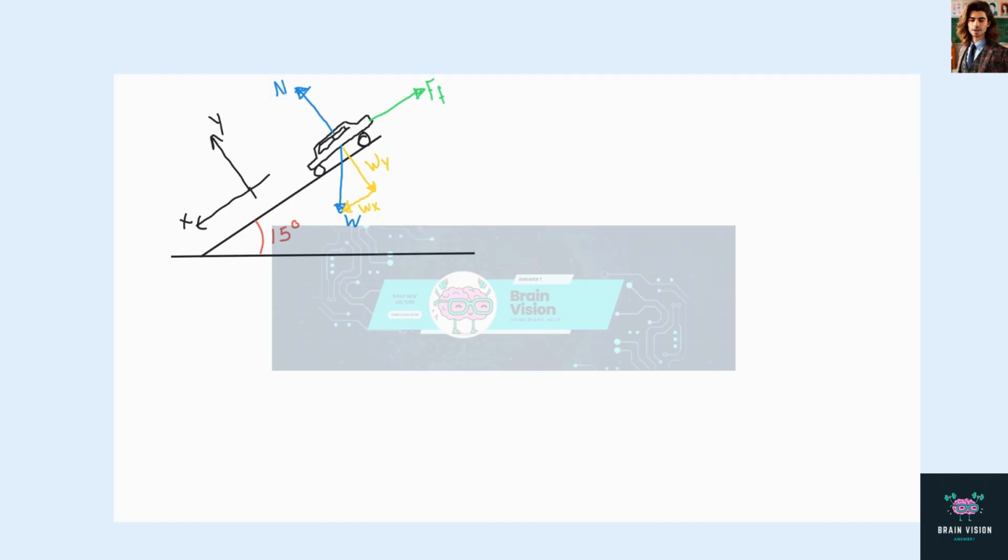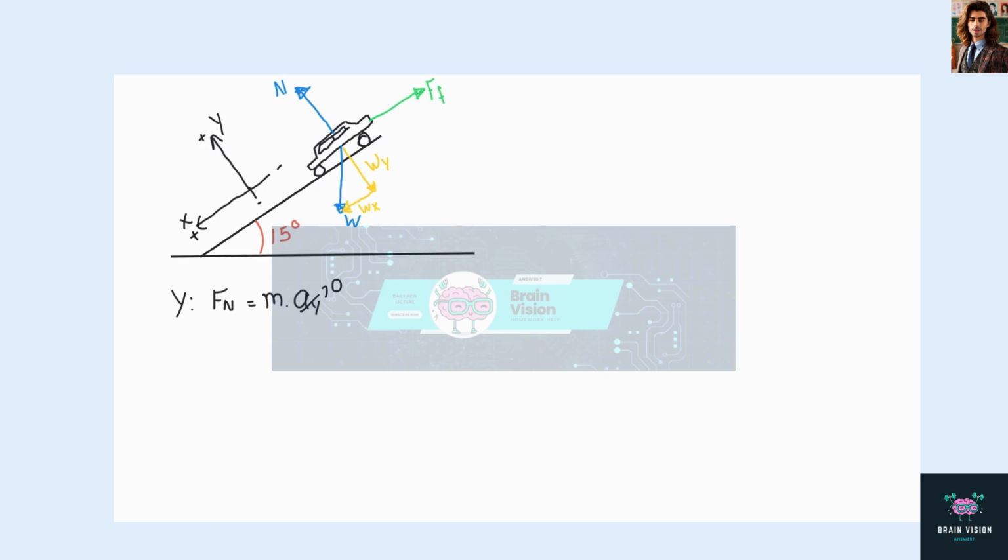Then we apply Newton's second law over the y-axis. The net force is equal to the mass of the car times the acceleration on that axis. Note that the car is either going in this direction or in that direction, so it doesn't move in this axis. Therefore, the acceleration on that axis is equal to 0.